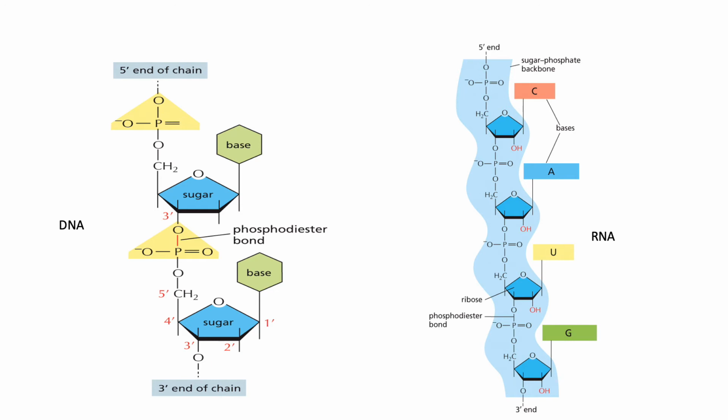Now, you can have RNA sequences that don't have any uracils. So it could have been CAGGCC, whatever, with no uracils, but we would still know it's RNA because of that 2' hydroxyl. Now, the 2' hydroxyl, which is the only difference between the DNA and the RNA, completely changes the chemistry of the RNA molecule.